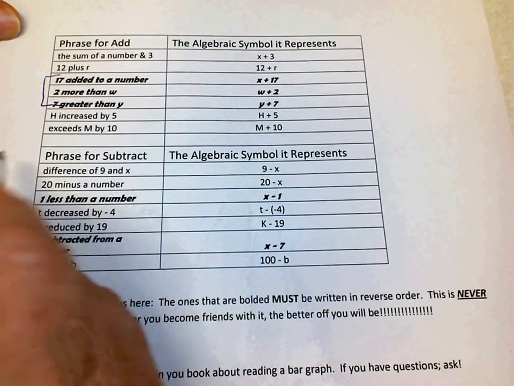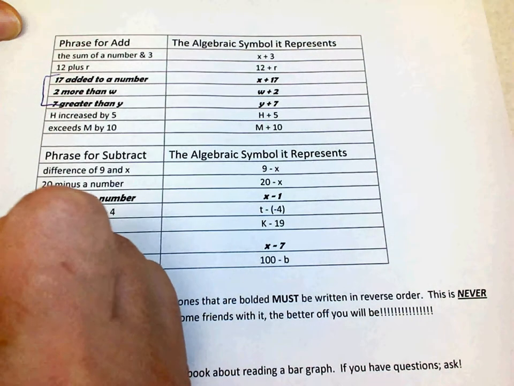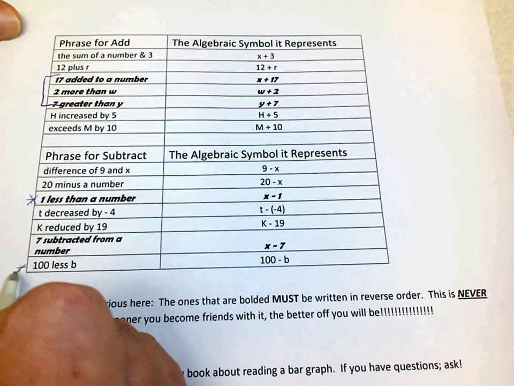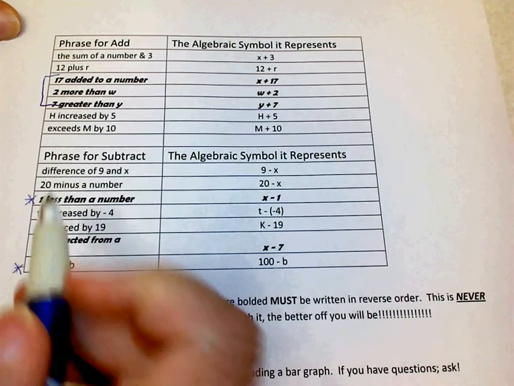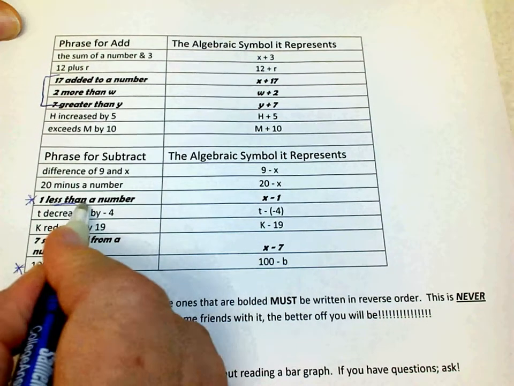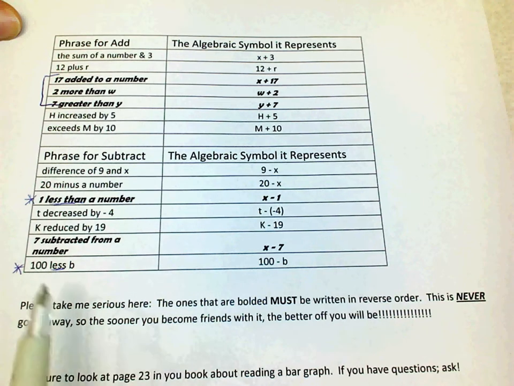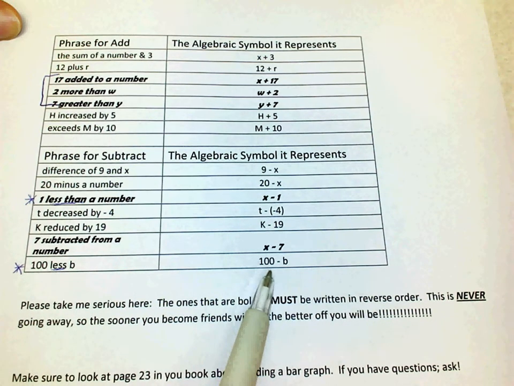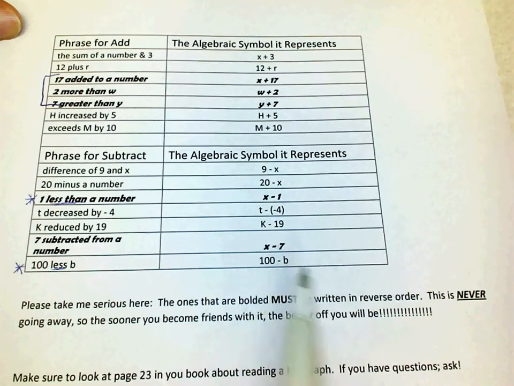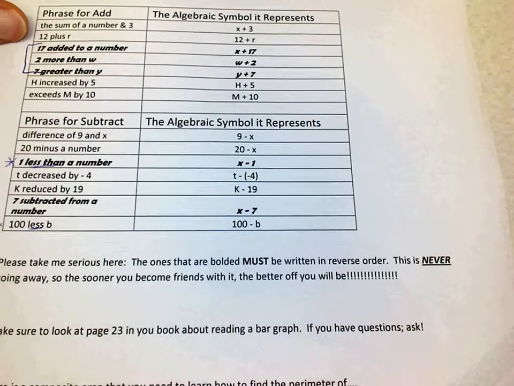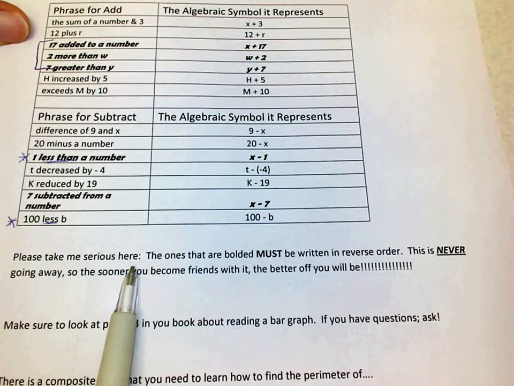Now you have to be really careful with this one and with the last one. This says less than, and this just says less. But when it just says less, you keep the order that's given. Now, please take me serious here.